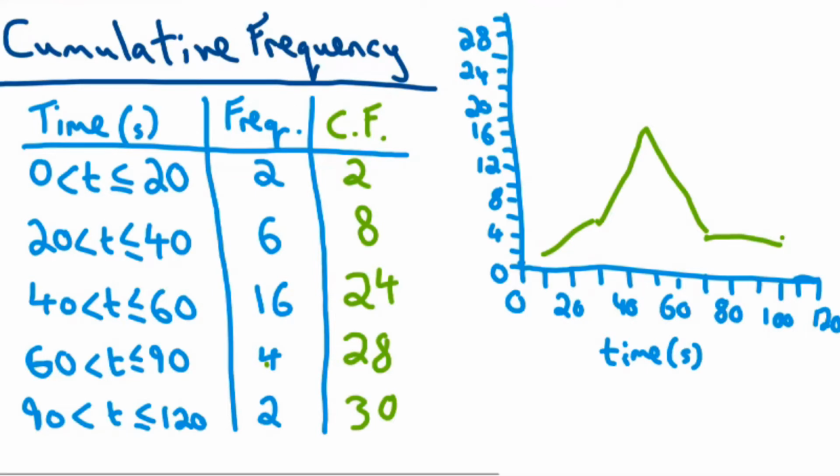Here though, we're not doing any of that. We are doing our cumulative frequency, we're adding up as we go, so we're going to be using these numbers here, and also we're going to be plotting at the end of the groups.